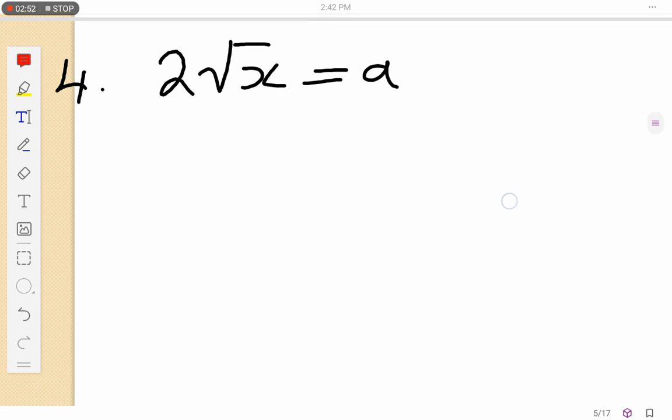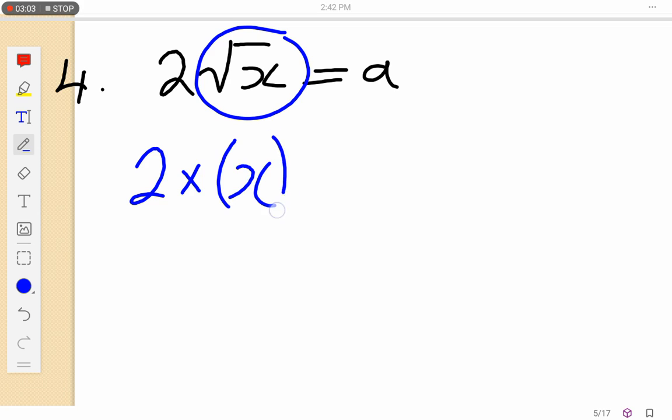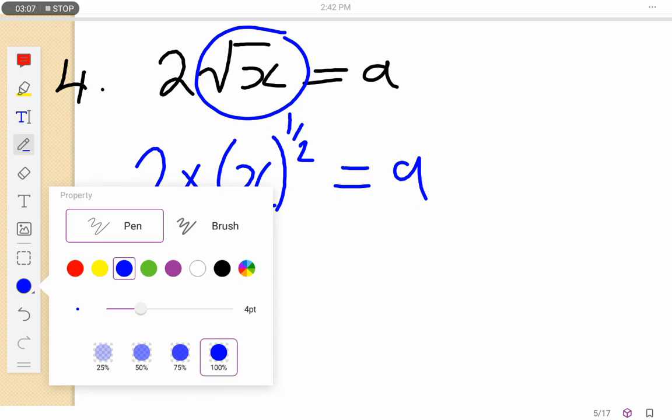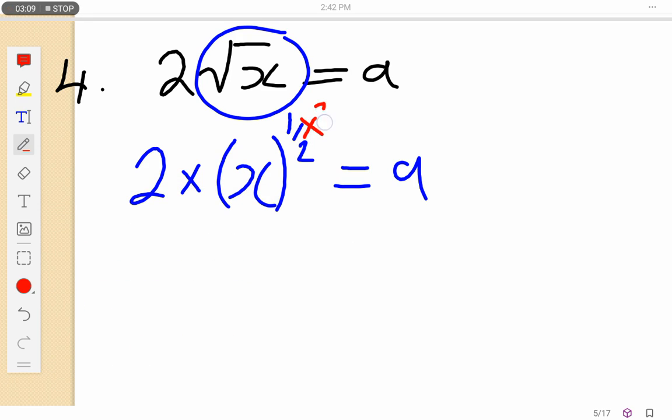Let's have another example. This time around, our square root is on x only. So what we do, we rewrite it as 2 times x to the power of half is equal to a. So we are going to multiply everything by 2 over 1.